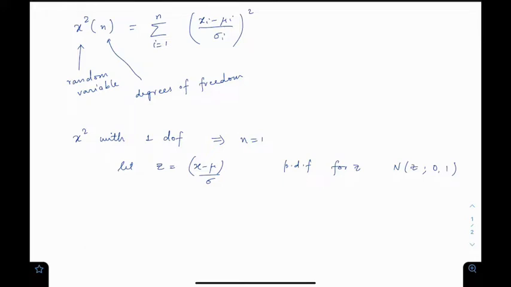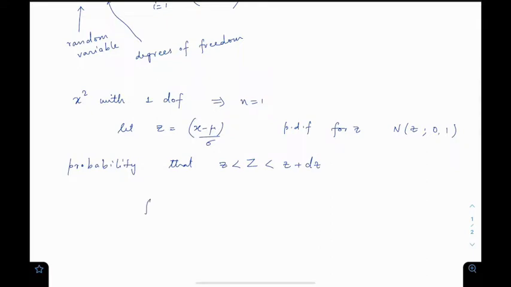And the probability that capital Z lies between the interval of z and z plus dz is given by f z dz, where we identify f z as 1 by the square root of 2 pi times e to the power minus half z square.